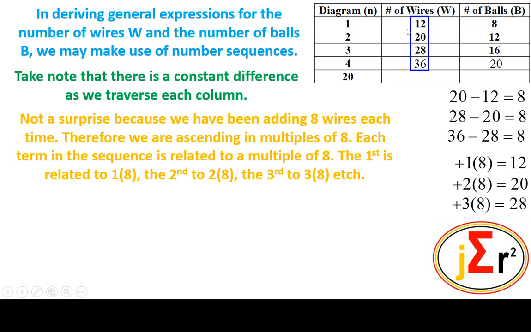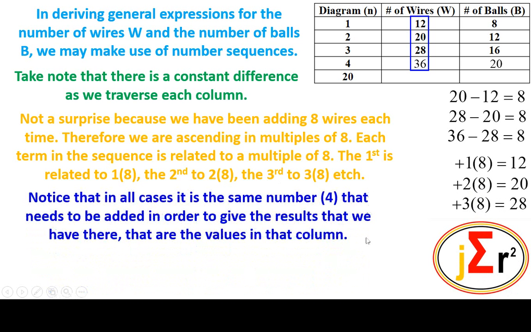Each number here is related to a multiple of 8. Notice that in all cases it is the same number, 4, that needs to be added in order to give the result that we have there. Those are the values in that column. We have all of the multiples of 8 already outlined.